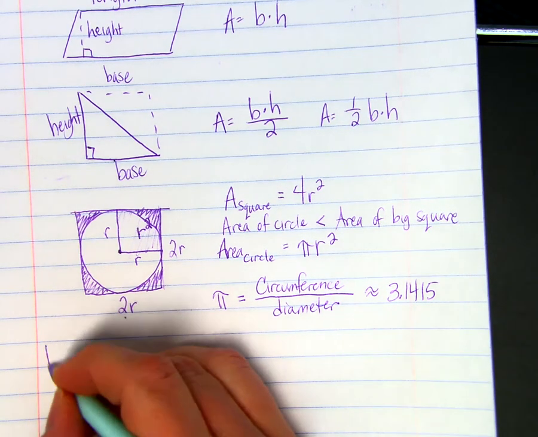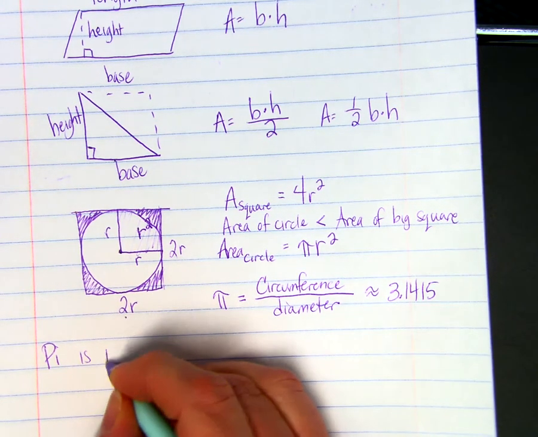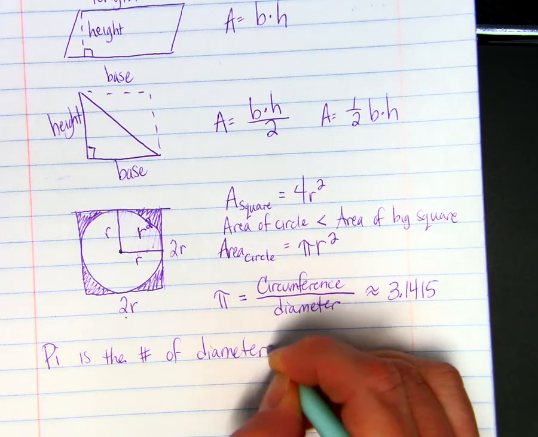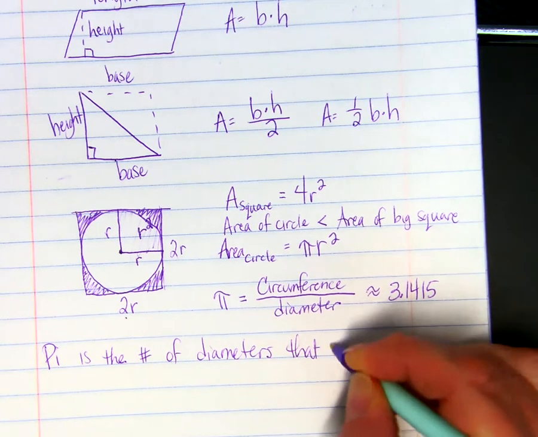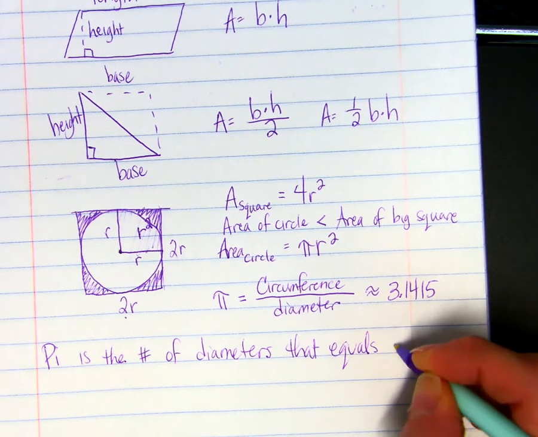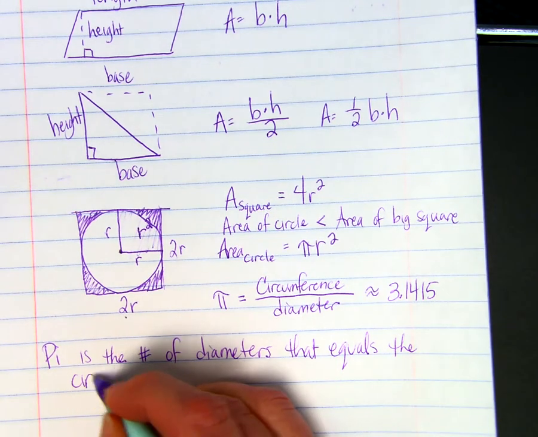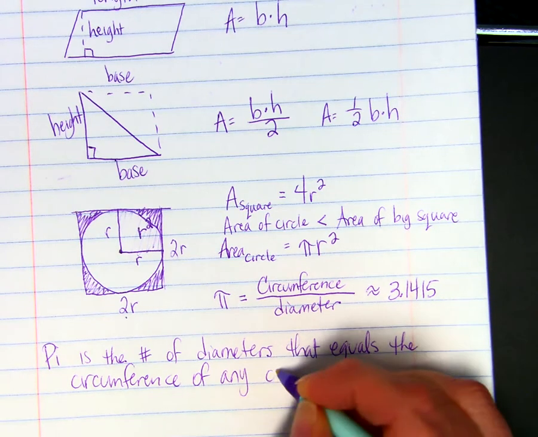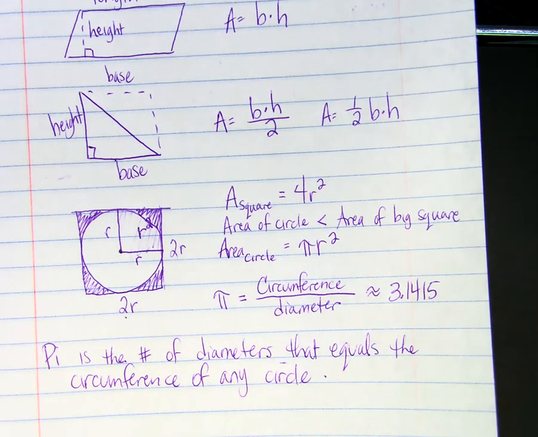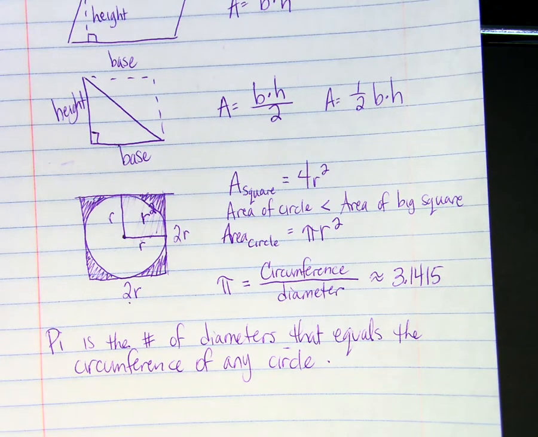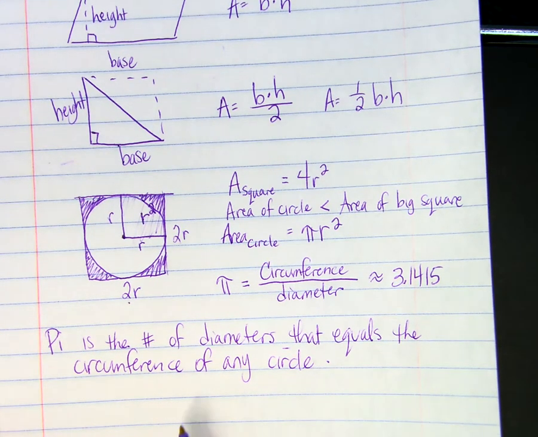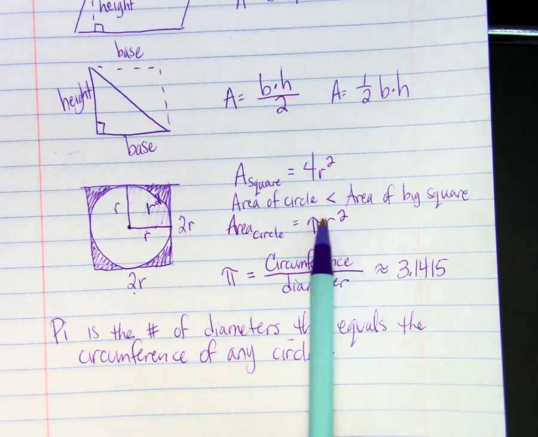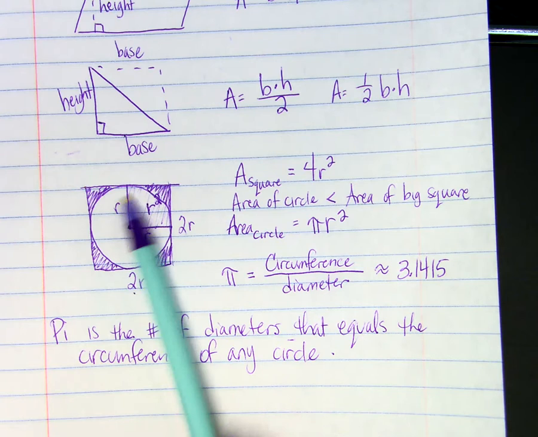So pi is the number of diameters that equal the circumference of any circle. So it's just how many diameters we would need to cover the whole outside circumference of the circle. If you take that number pi and times it by the radius squared, you'll get the area of the circle.